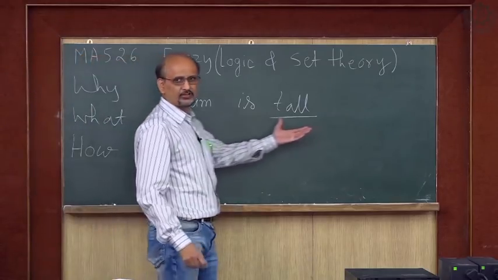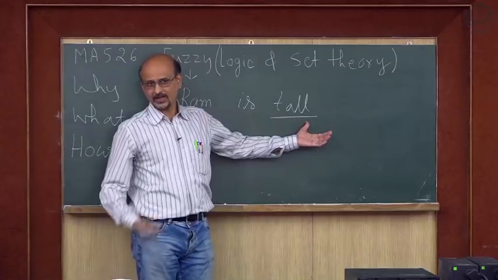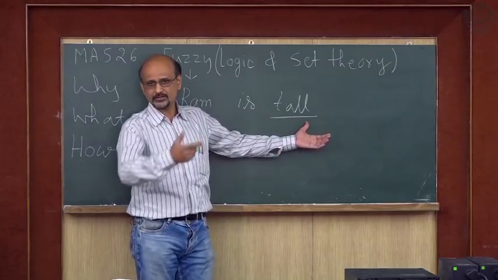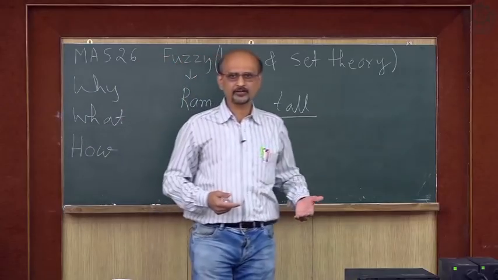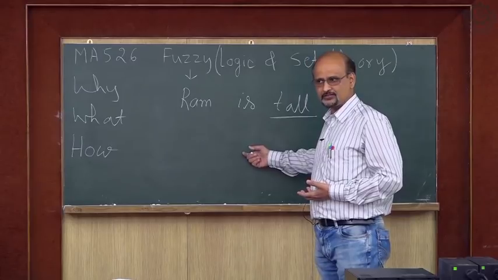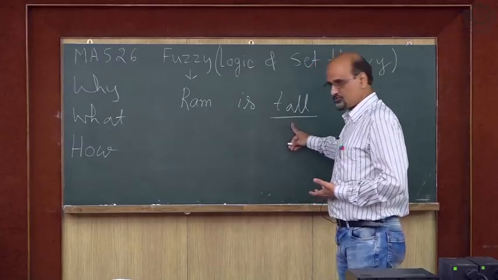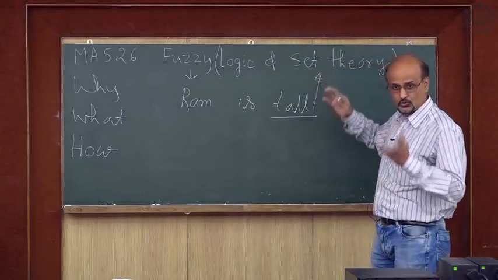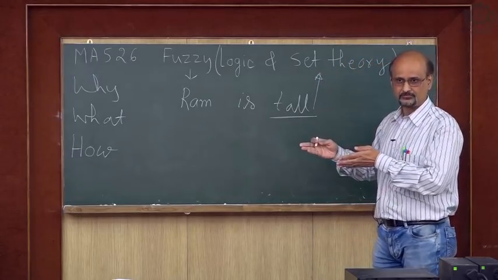So what do you mean by that tall? How do you define that tall? I can define that above 6 feet is tall, but somebody can define no, it is 5.5 feet. If it is above that, then it is tall. So that means tall, for your crisp set theory that you know till now, has a fixed value.